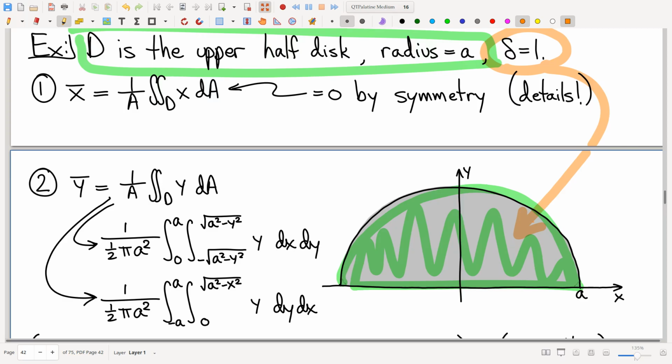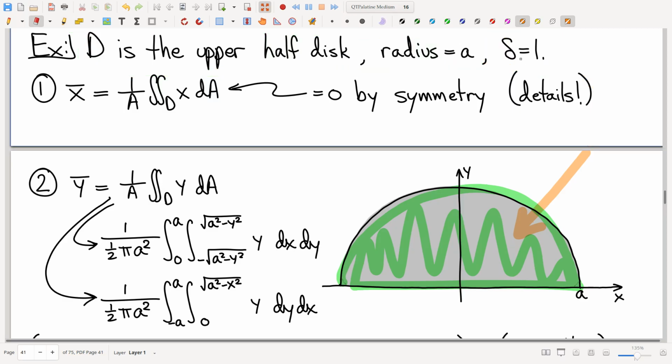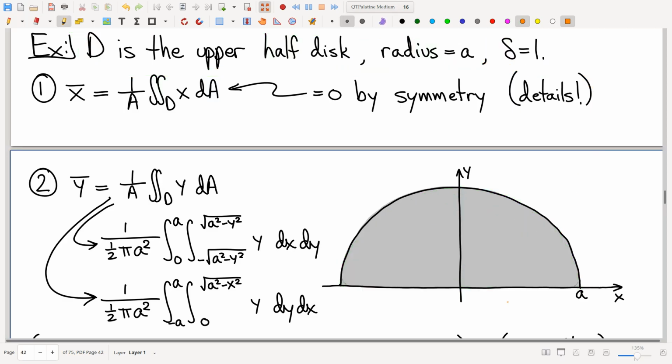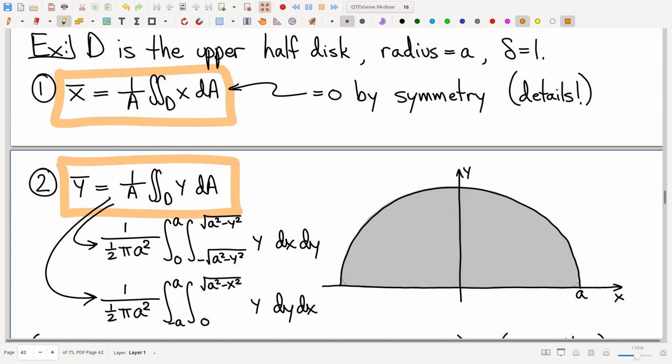Just to keep the first example easy. That, of course, in general could be anything. How would we compute the coordinates of the center of mass? Here's the x coordinate, here's the y coordinate. Notice each one is just a weighted average of the corresponding coordinates. And then you compute.